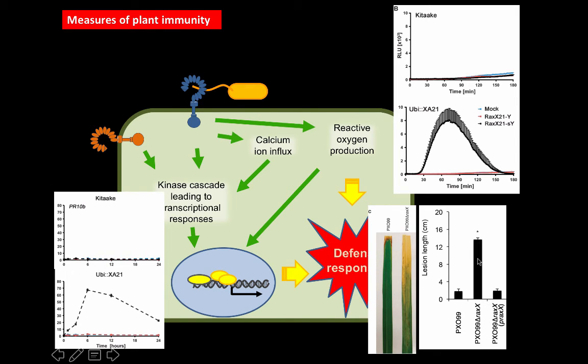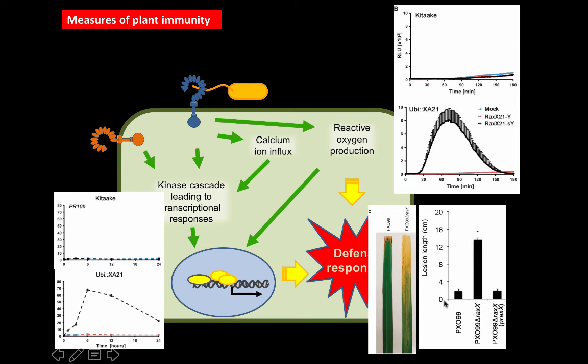like 15 centimeters. And then what you often have to do with genetics, to show that the mutant you made is really causative for your phenotype, is you put back the gene which you mutated in its native form, and then you reverse the phenotype, and that's what we showed as well. So you have a mutant of the bacteria which expresses the wild type protein again, and this is then recognized and the plant is resistant.